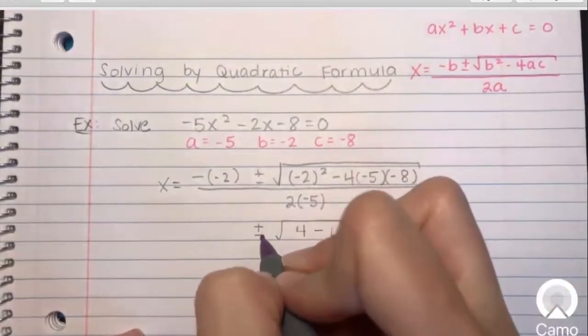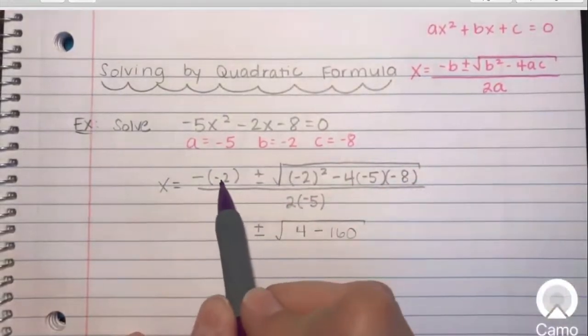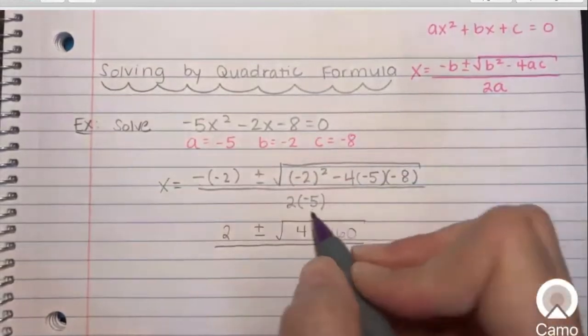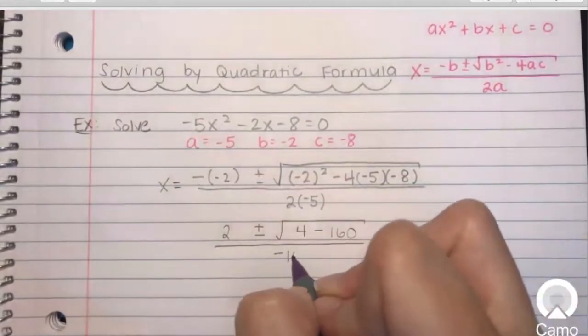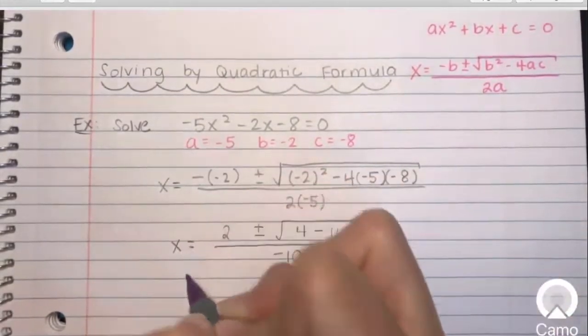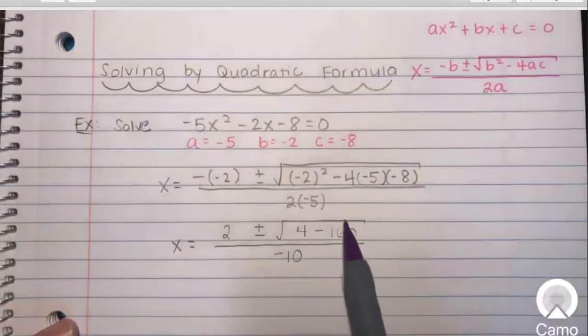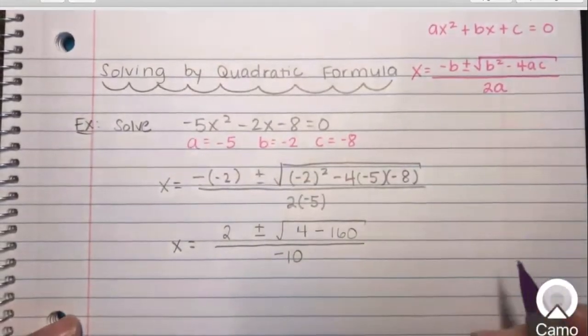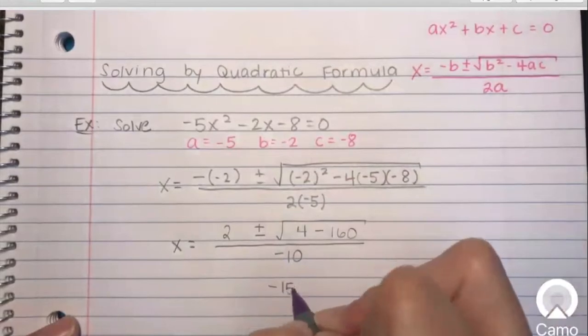Bring down our plus or minus, and we have a negative, negative 2. So that's going to turn to a positive 2, and then it's all over negative 10. So now we can keep simplifying underneath our radical. So 4 minus 160 is negative 156.